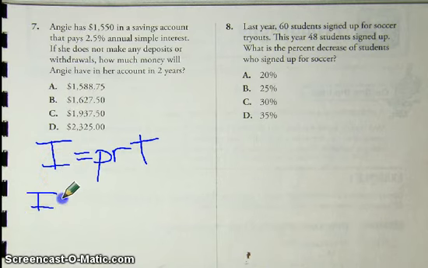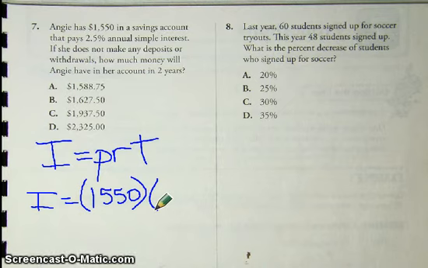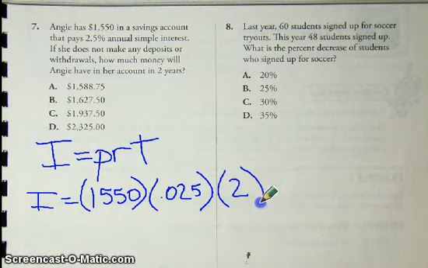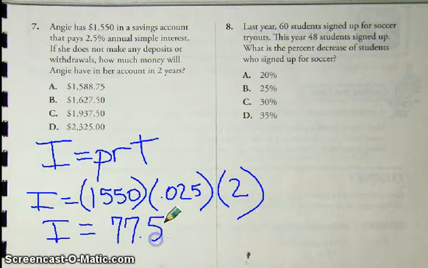So the principal is $1,550. The rate, make it into a decimal, is 0.025. The time is in years, so we don't have to do anything fancy there. So I got to multiply 1,550 times 0.025 times 2, and I get my interest is $77.50.